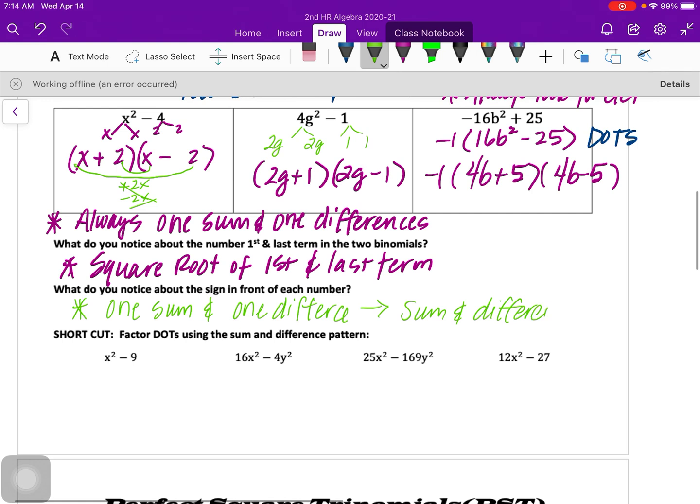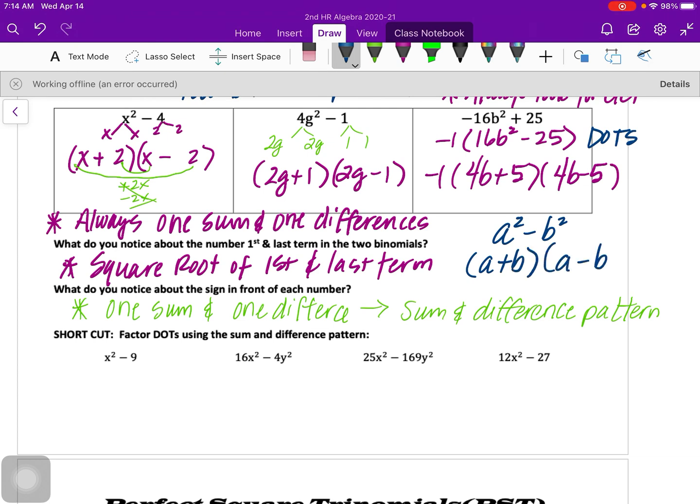To give you an algebraic representation of this formula, anytime you see the difference of two squares, a squared minus b squared, it's always going to factor into a plus b and a minus b. Those are going to be your two binomial factors.